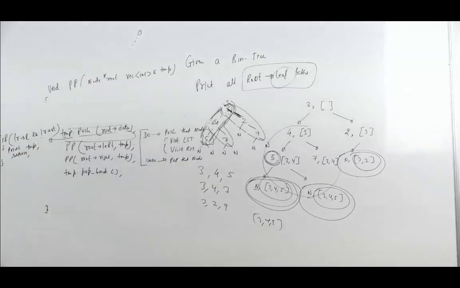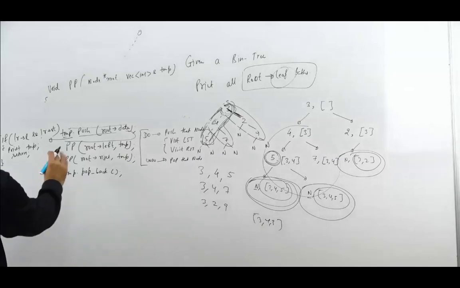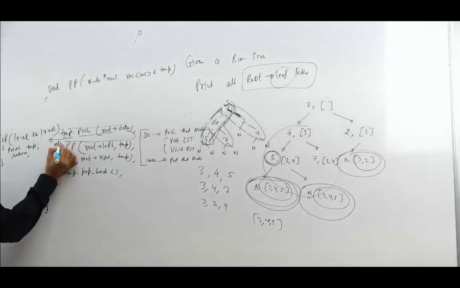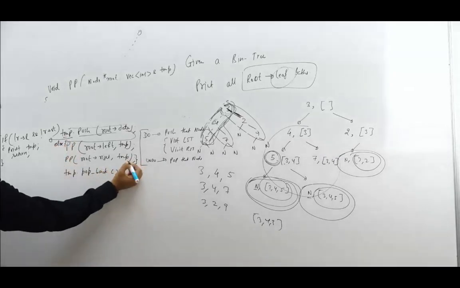That's it. And if that is not the case, then only I'll make a call to the left, I'll make a call to the right, and then I'll do a temp dot pop back. This is how it will happen. Okay, so you can put this thing in an else condition from here to here.